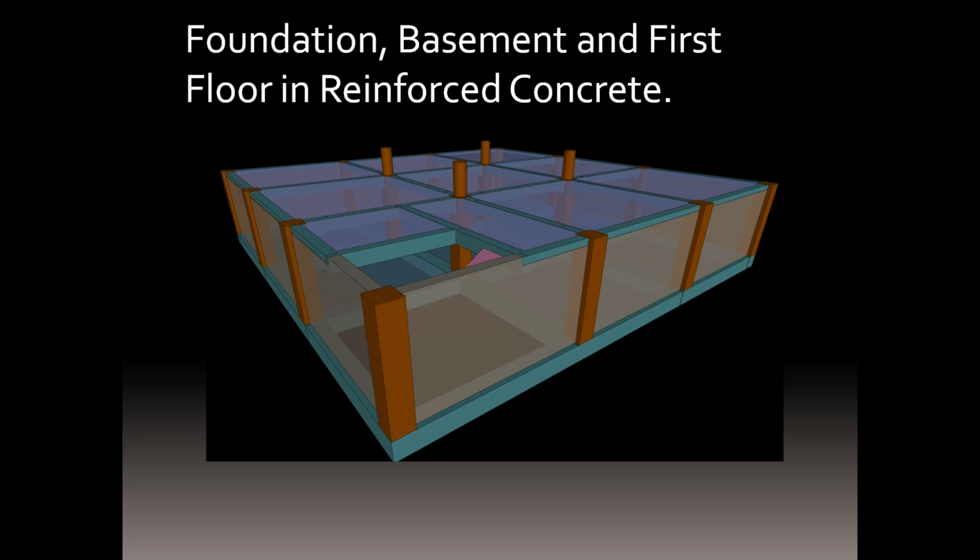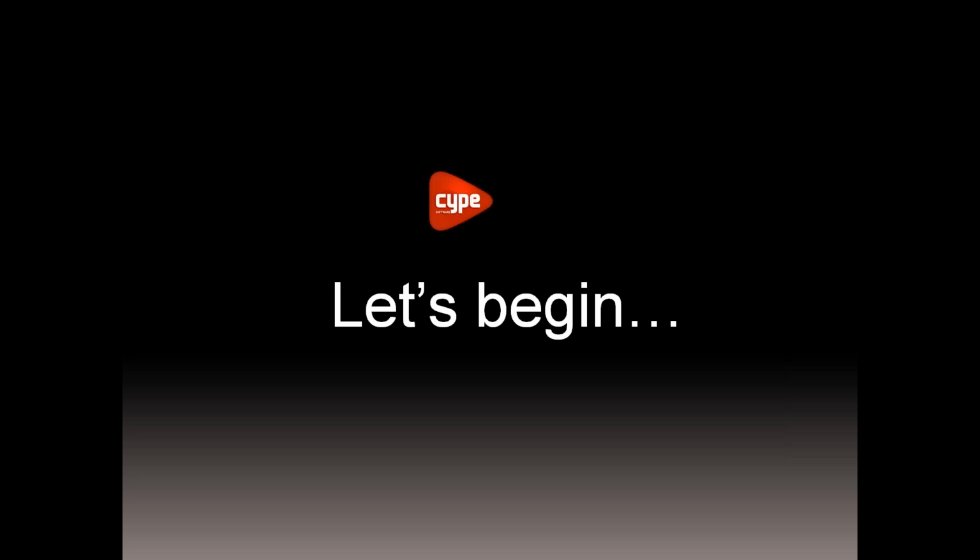We will have heavy traffic on this floor, and these four columns will be the support of the upper structure. We will have this section with the objective of protecting against possible accidental shocks or impacts. So let's begin.